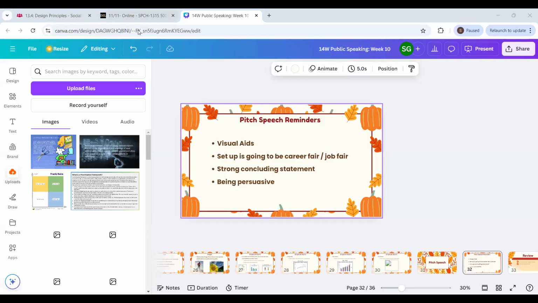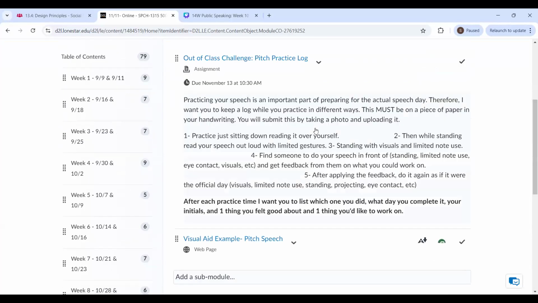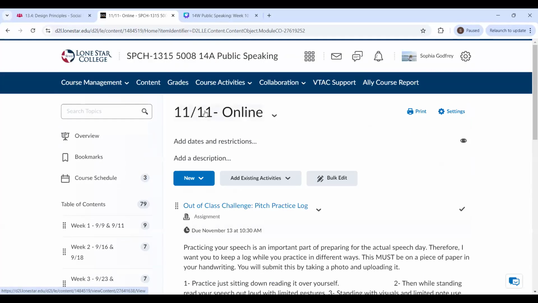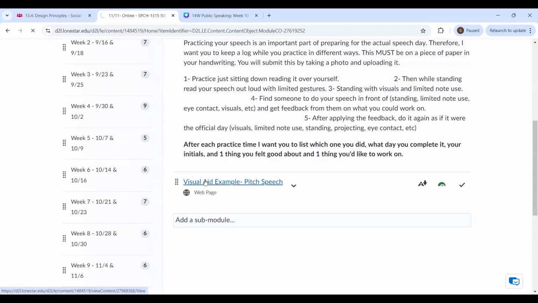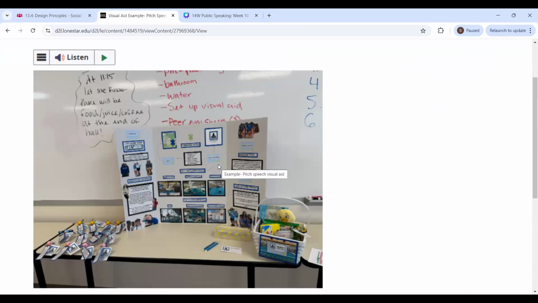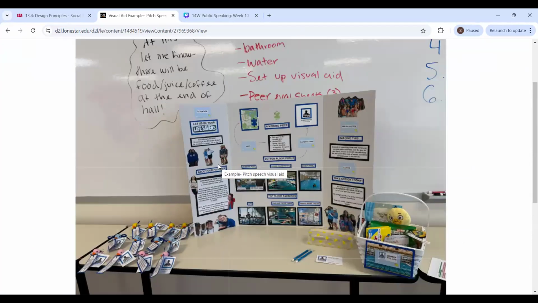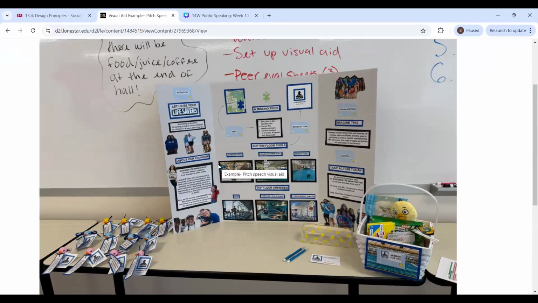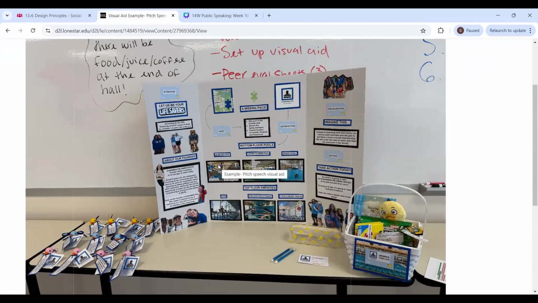Actually, I have this downloaded on D2L, but I want to show y'all, but it will be here. So under week 10 online, go to visual aid example pitch speech. And here's an example from my other class. So this was Kelly's, and she was talking about a dream of hers to make a swim school, an all-in-one place for people in the Humble area who do swim competitions.